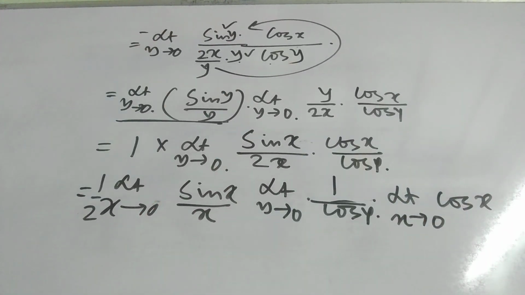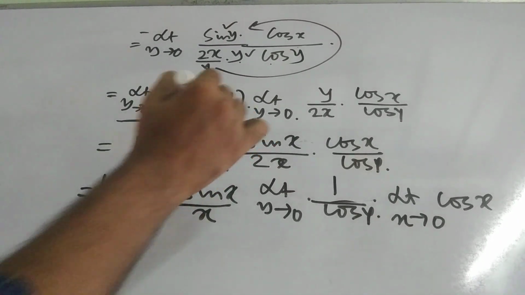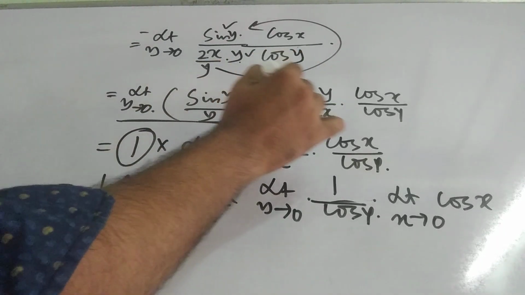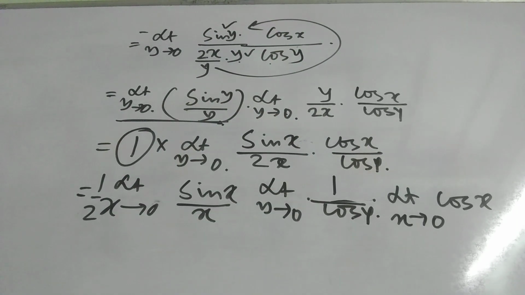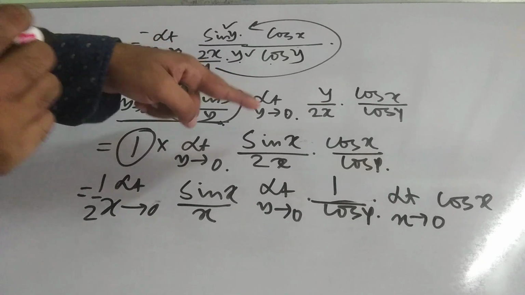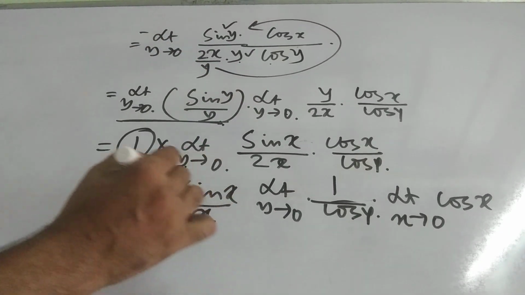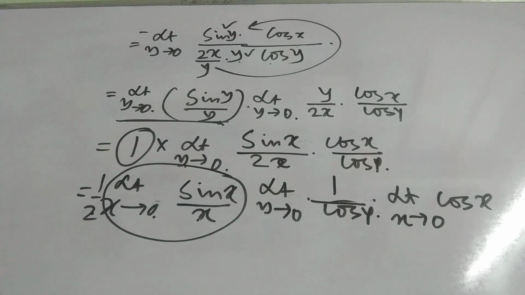I am explaining this step once again. Why have I written this? Because limit y tends to 0 sin y by y is 1, that is why I have written it 1. Limit y tends to 0 sin y by y into cos x by cos y. Now sin x by x is 1, so half I have taken out of it. y tends to 0 means x also tends to 0, so that is why this part is also evaluated as 1.